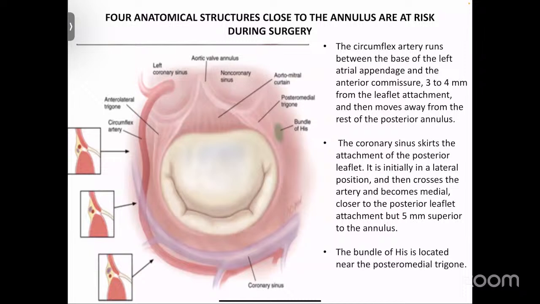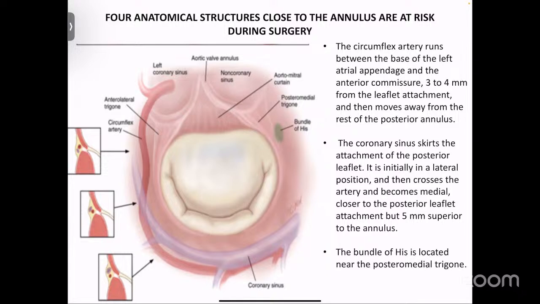As I've mentioned earlier, there are certain structures that can be injured during valve reconstruction. One of them is the circumflex artery, which runs between the base of the left atrial appendage and the anterior commissure, with a distance of 3 to 4 millimeters from the leaflet attachment.